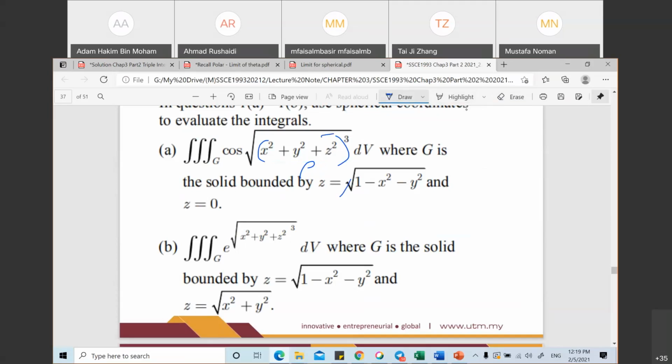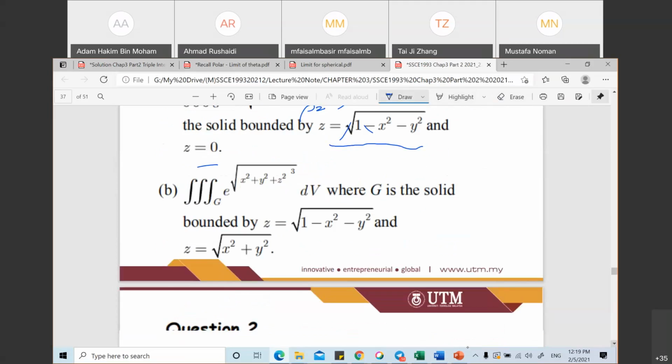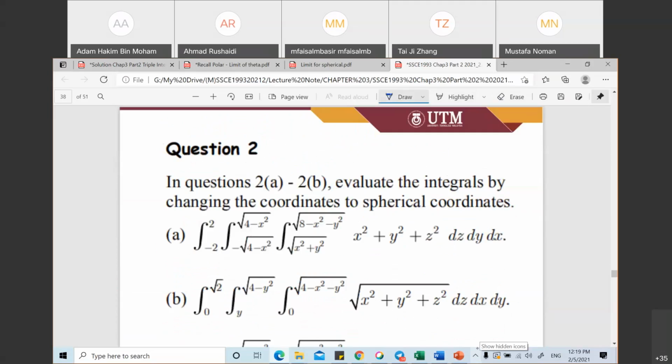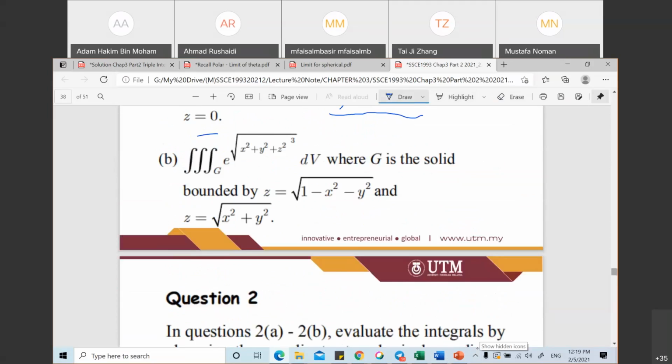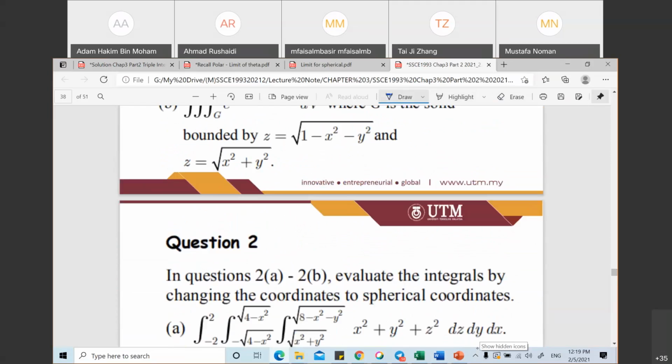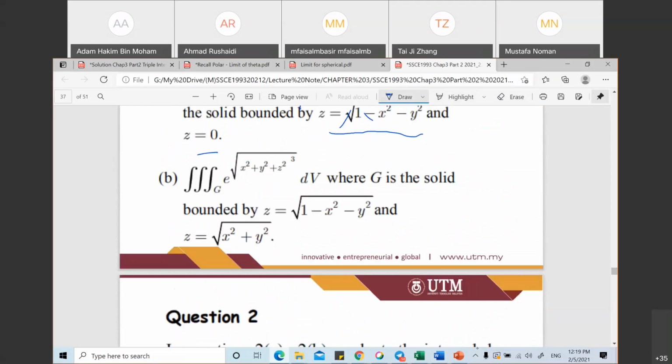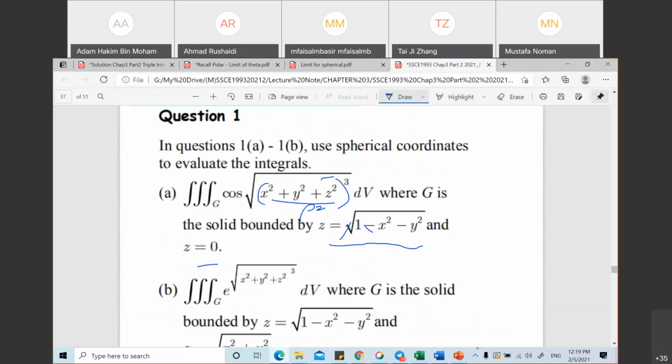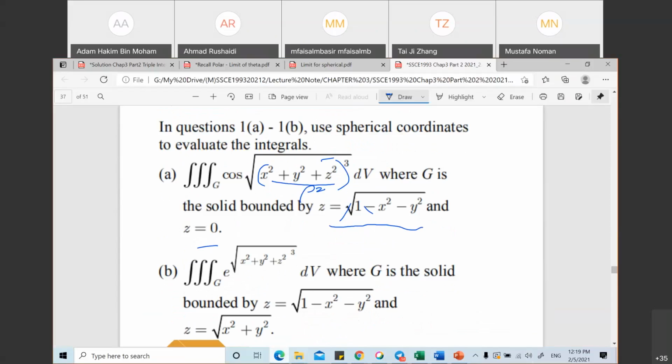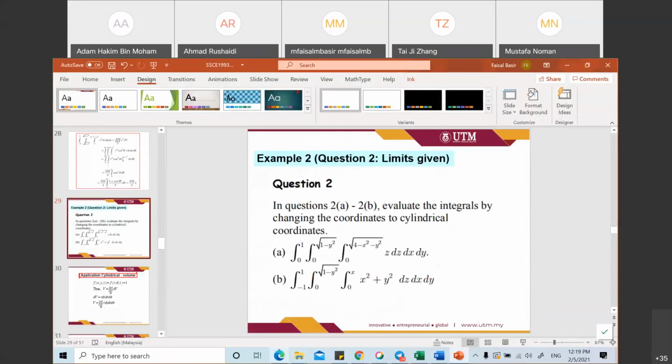So this is actually rho squared cubed, which will be rho to the power of 6. And then it is bounded by this and this. So you have to sketch. Okay. So everything is just a question. Okay. You see the answer. Is it?